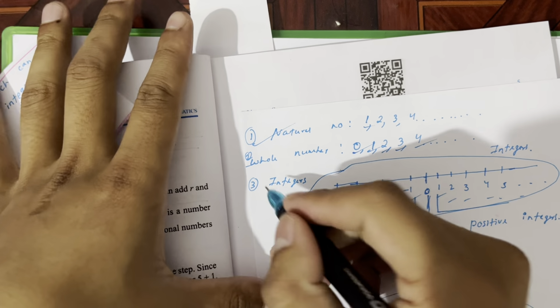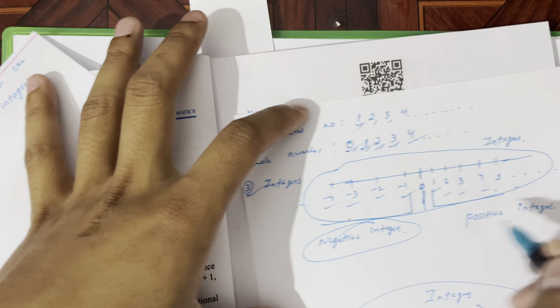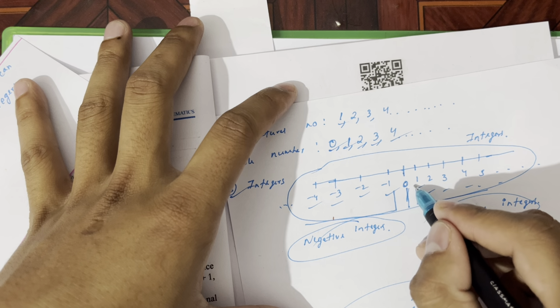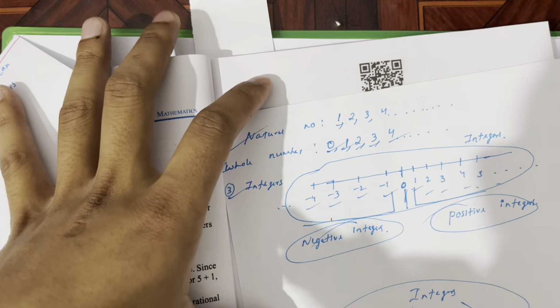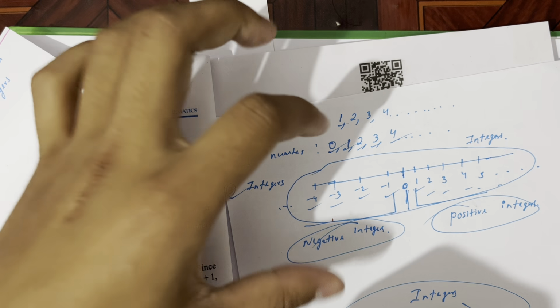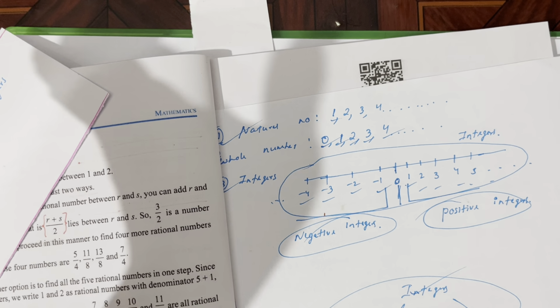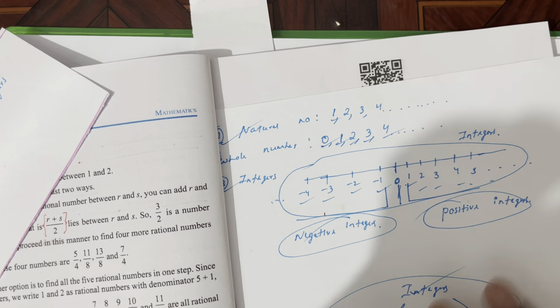The third one is integers, where we have negative integers and positive integers. Positive integers are 1, 2, 3, 4, 5 and on, and negative integers are -1, -2, -3, -4 and on. Make sure you keep this in your mind; this is the basic thing to learn.